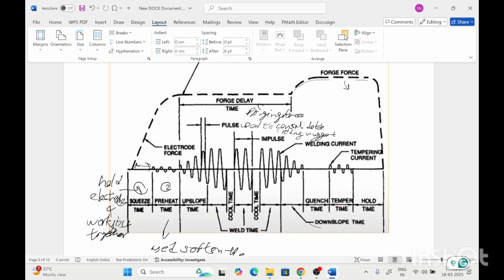To form a homogeneous microstructure, we do tempering also during the welding. A low amplitude current wave is applied to provide the heat during the temper time. Tempering is done for the steels.